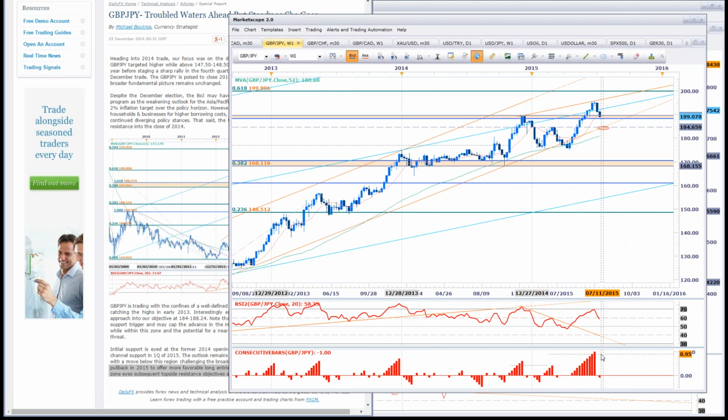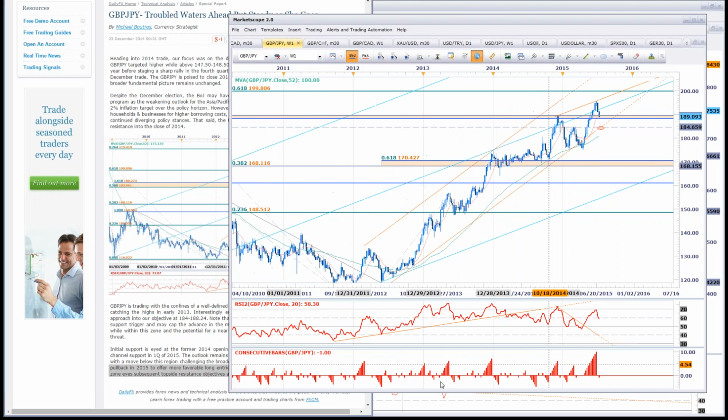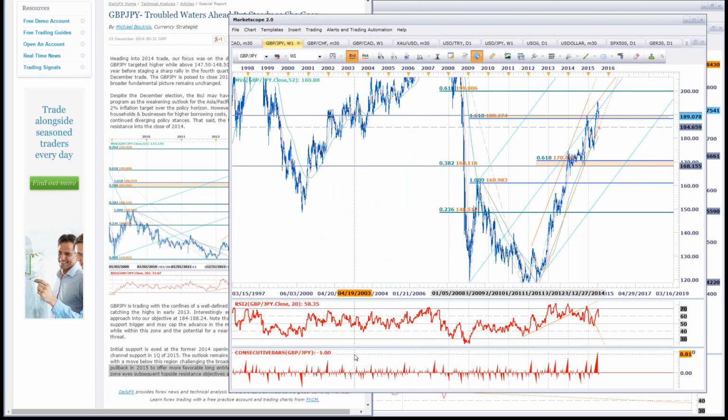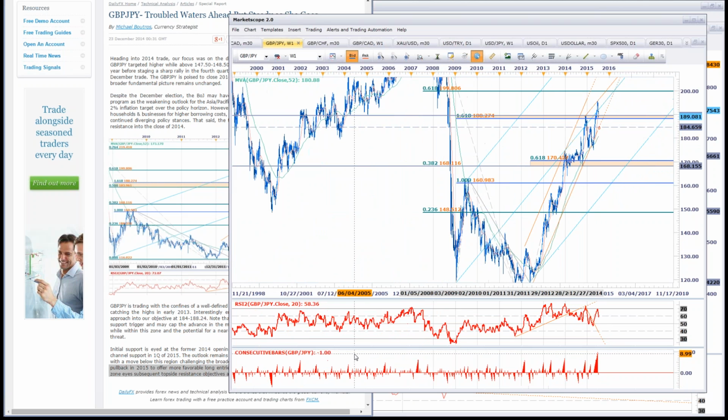Also, you have some divergence into the highs from last year, and this thing made an 11-week ripper. It's 11 consecutive weeks, not days, of rallying. Weeks. We've never seen that in the history of dollar yen. Doesn't matter how far back you go.